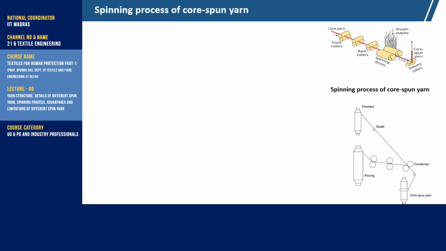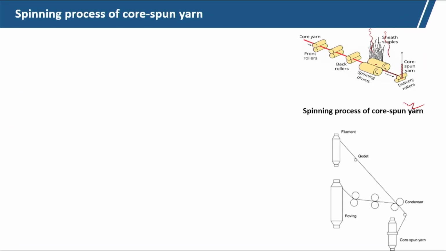For the spinning process, we can use different types, like friction spinning, where the staple fiber slivers are drafted, opened, and individual fibers come onto the nip point of rotating drums, and core filaments or yarns are coming, and the sheath fibers are wrapped around the core filament or yarn, forming the core spun yarn.